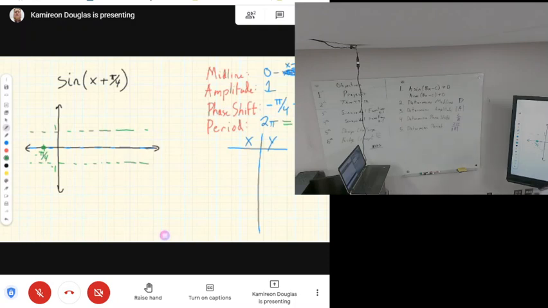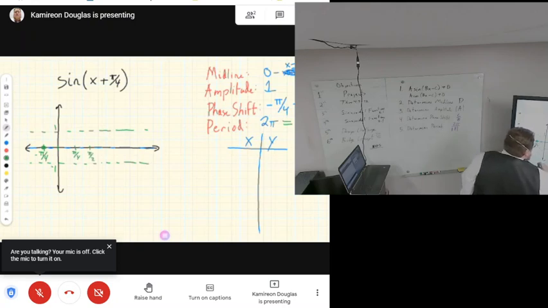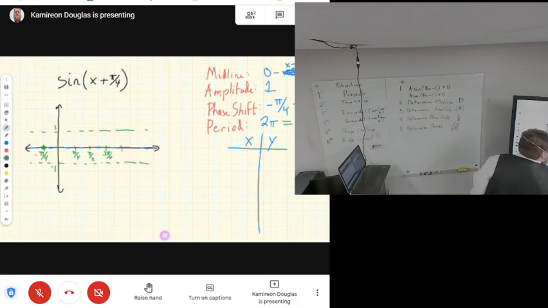I count 8 units to the right: 1 gets me there, 2 would be at pi over 4, 3 is 2 pi over 4, which would actually be pi over 2, 4 at 3 pi over 4, 5 at pi, 6 at 5 pi over 4, 7 would be 6 pi over 4, which would be 3 pi over 2, and then 8 at 7 pi over 4.